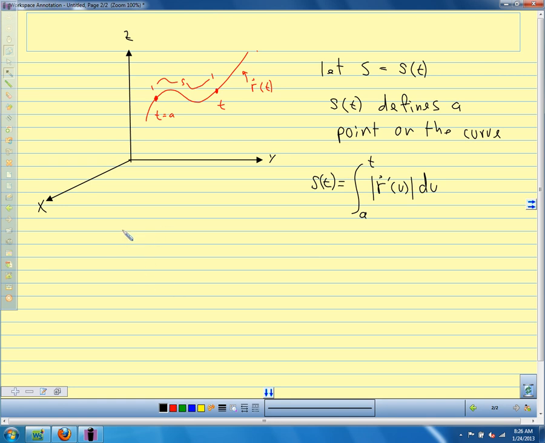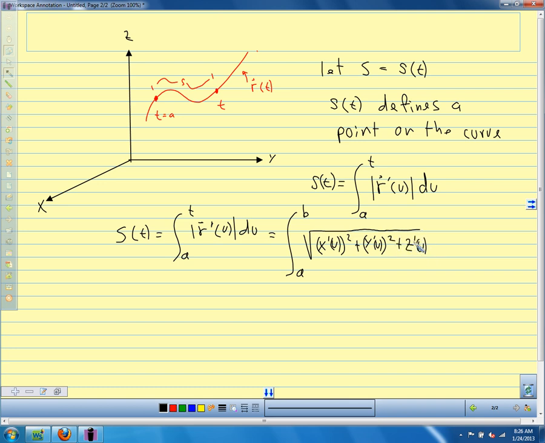So we're defining s of t, this expression, the integral from a to t, some starting point to arbitrary time, of the magnitude of r prime of u du, and I'm just going to expand this out: the big square root of x prime of u squared plus y prime of u squared plus z prime of u squared, du.